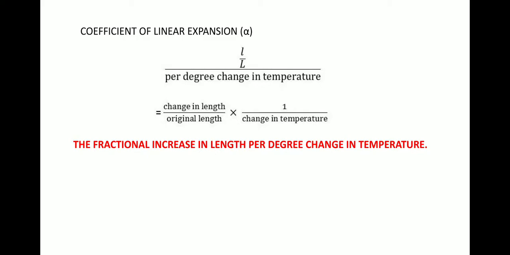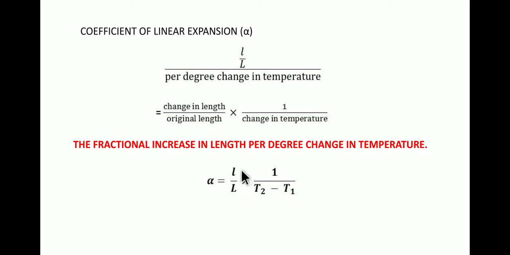So mathematically we can write alpha, the coefficient of linear expansion, is equal to the change in length by the original length of the wire times 1 by change in temperature, that is 1 by the increased temperature minus the initial temperature, so T2 minus T1. Alright.